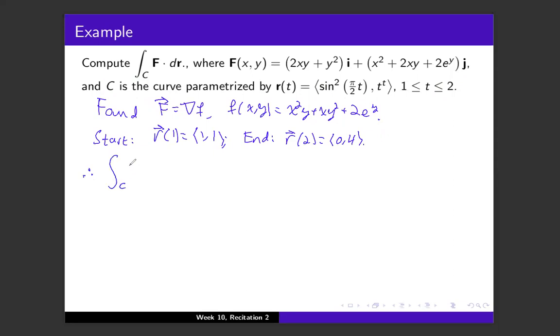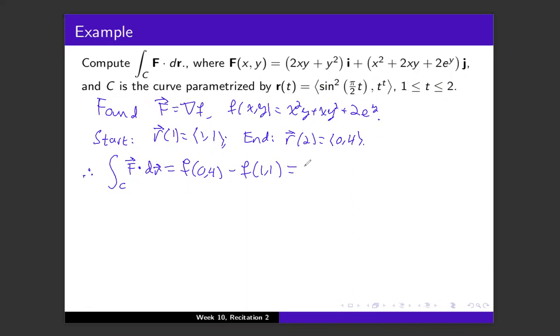So the upshot of all of this is that the integral over C of F dot dr is going to be little f of (0, 4) minus little f of (1, 1). And what's that?